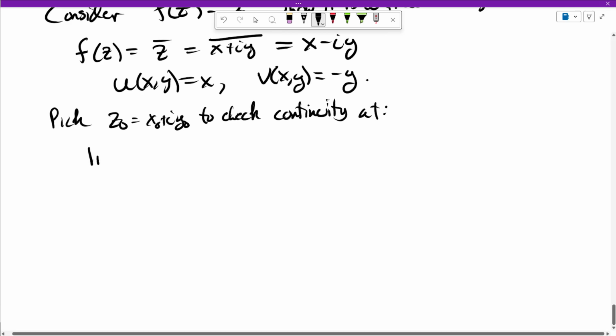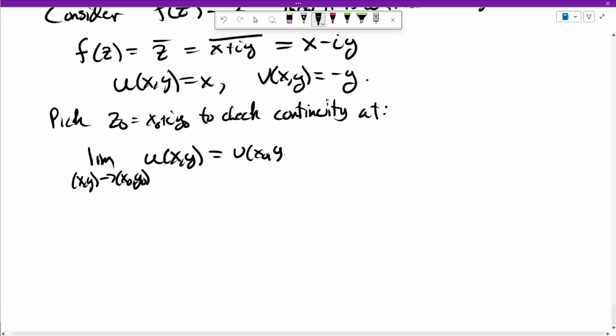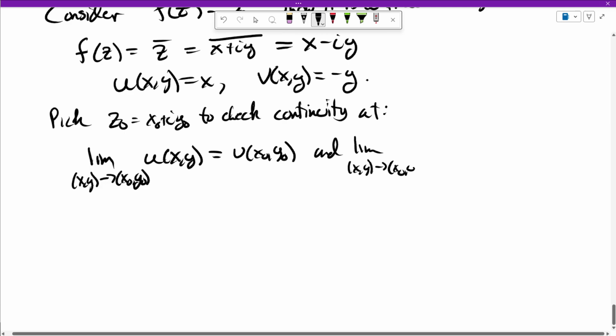And so for that, what we need to have happen is that the limit as xy approaches x naught, y naught of u of xy is what happens when you plug in x naught, y naught. And we need to check that the limit as xy approaches x naught, y naught of v of xy is the value v of x naught, y naught.